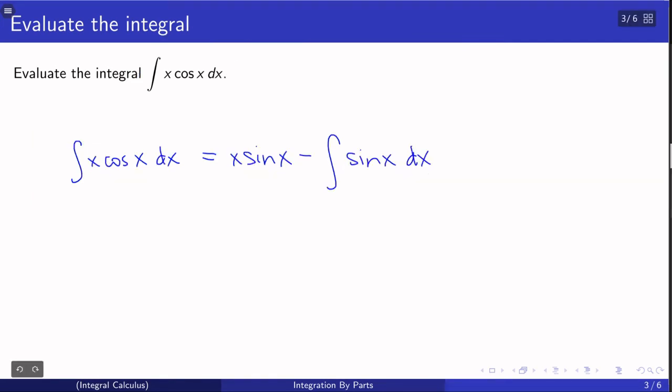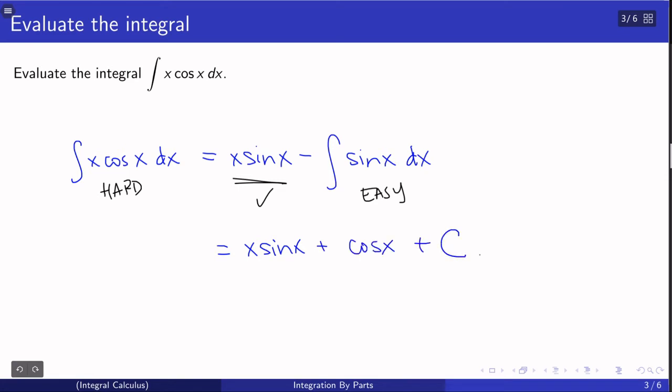And what is this telling me now? It's telling me that this difficult integral can actually be written in terms of this easy integral, plus some other function, which doesn't have an integral anymore. So we're good there. But now, I can write this as x sine x plus cosine x plus c.